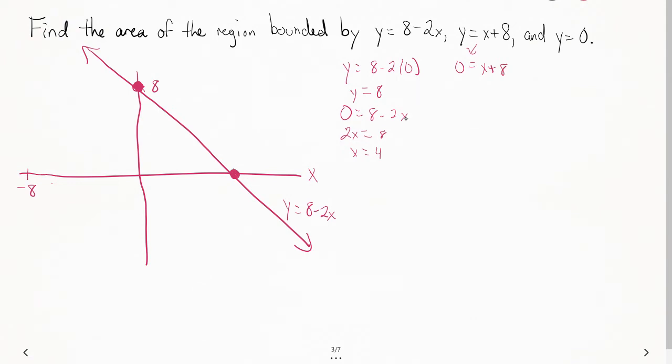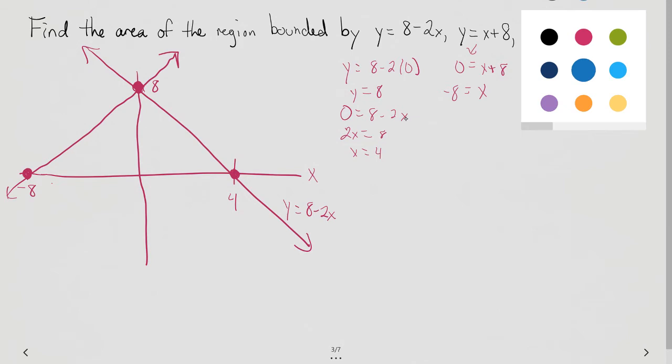And I plugged in 0 for the other value. So notice there's an intersection point right here. It won't always be at the intercepts. We just kind of lucked out here. So sometimes you might have to set the equations equal to each other. But you get x equals negative 8 is the other value. And so now we have our line. Right, and this was 4 right here.